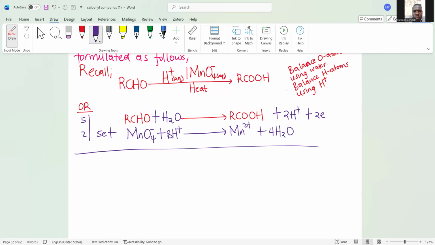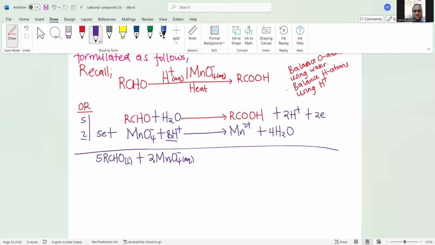Therefore, adding the two equations, we get 5 RCHO liquid plus 2 MnO4 minus aqueous. These two multiply here. Then look at hydrogens: 2 times 8 hydrogens, that is 16.